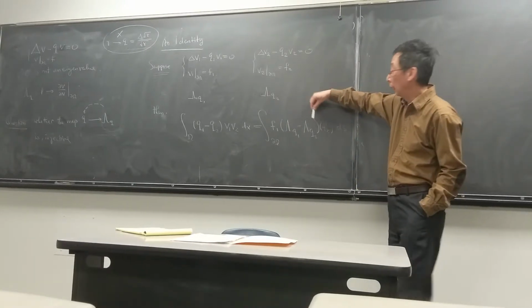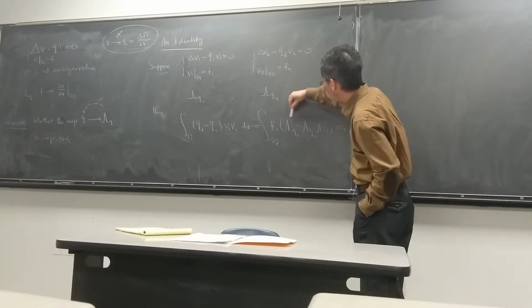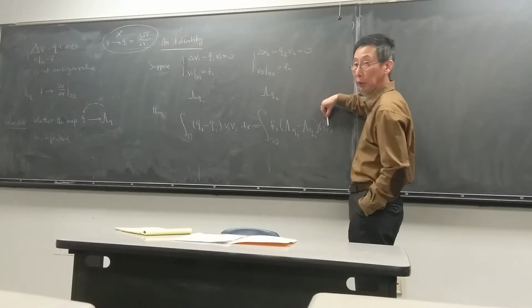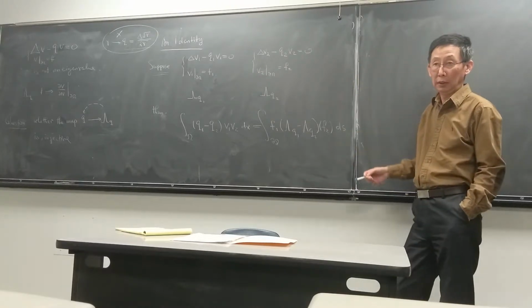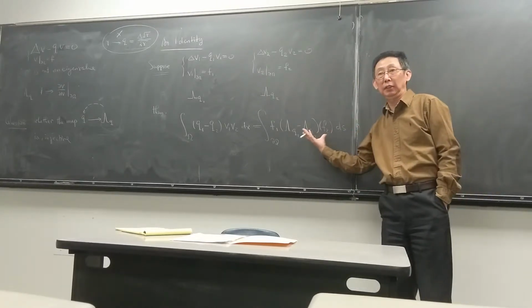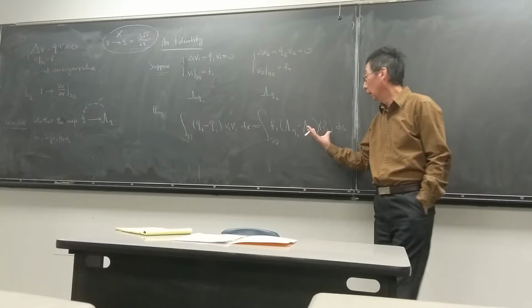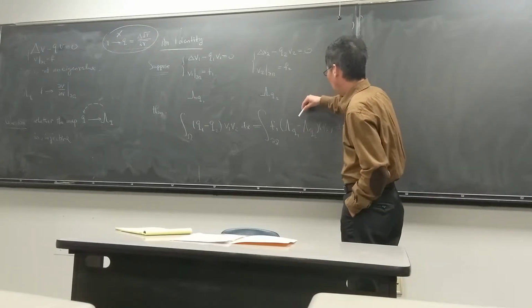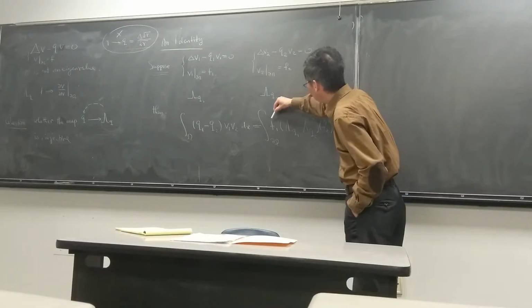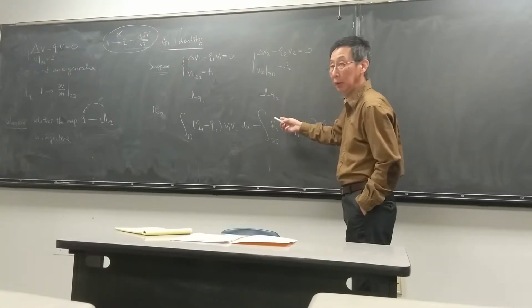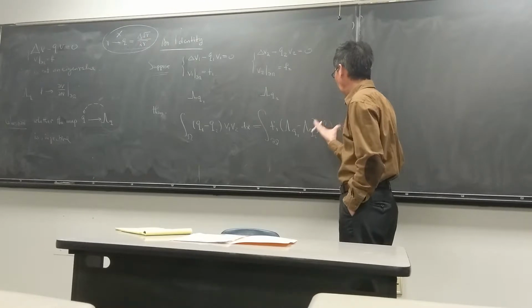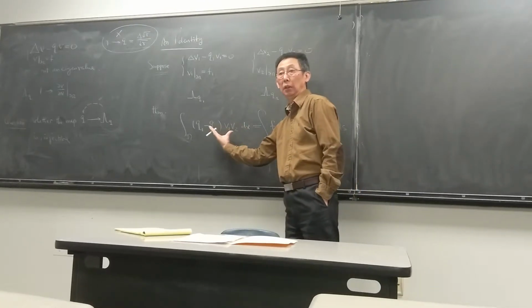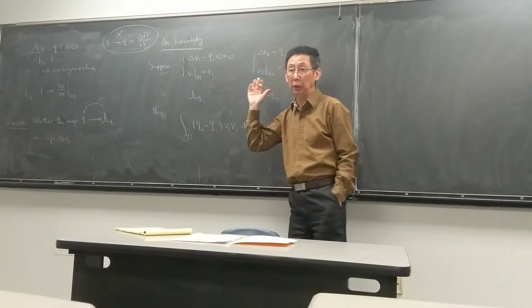Now if you take this boundary map applied to F2, what do you get? Another boundary function, right? Then times another boundary function F1. This product, you take the integration. This boundary integration turns out to be equal to that, for any F1 and F2. There's no restriction.